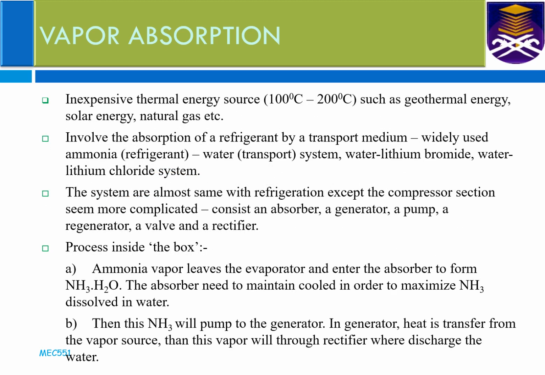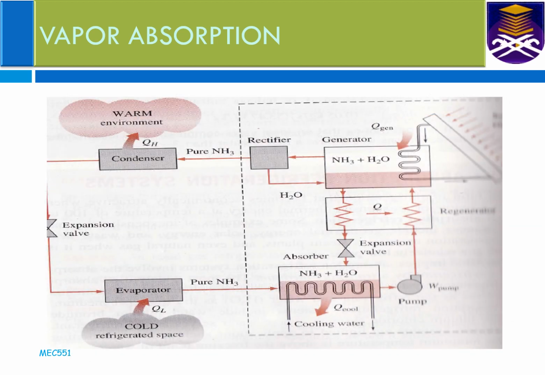It uses an inexpensive thermal energy source, about 100 to 200 degrees Celsius, such as geothermal energy. The process diagram for the vapor absorption cycle is given by this diagram.